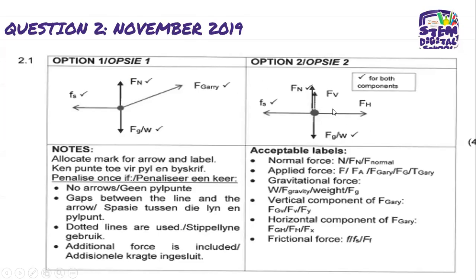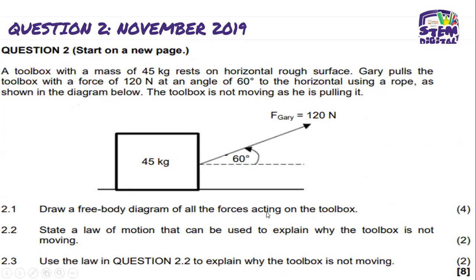We don't really want you to break it into components on there. Don't break it into components. You only break it into components when you are performing your calculations, but the free body diagram will be like this, right? So that is that altogether, my dear learners.